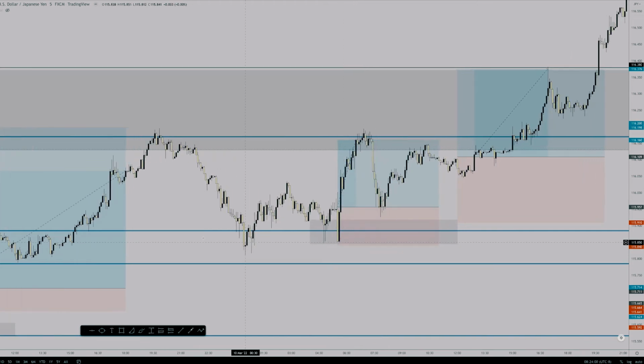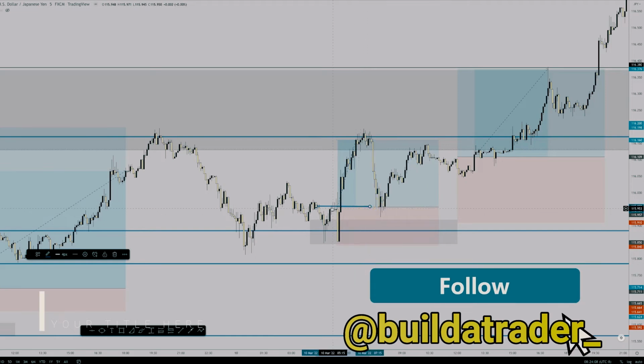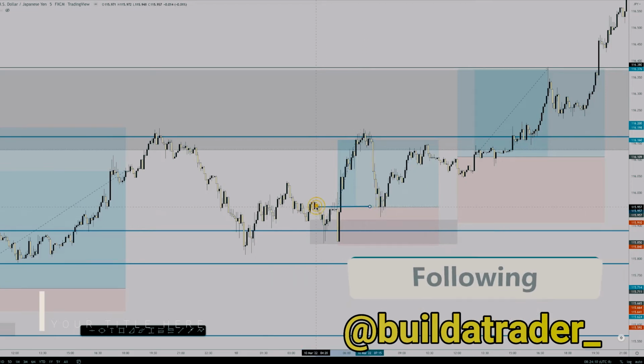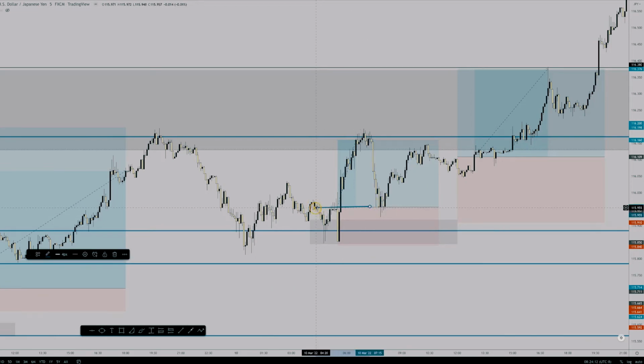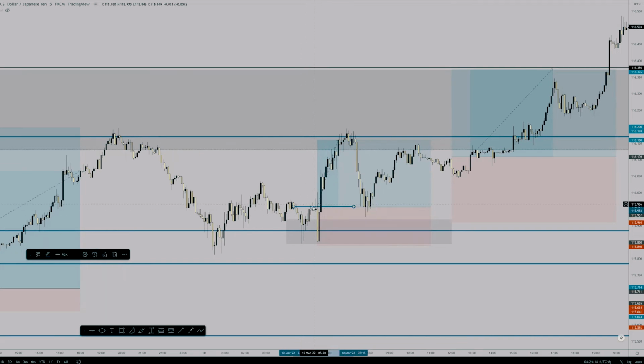So what I noticed here was this: there's a level of resistance as well as market structure. So this is a key level of resistance, and if this lower high breaks, or these wicks where it rejected and came down before breaking higher, if this breaks, in theory, it's going to make a higher high, which it did. If it had not broken this level, it would have gone up like that and then rejected once again and come down.